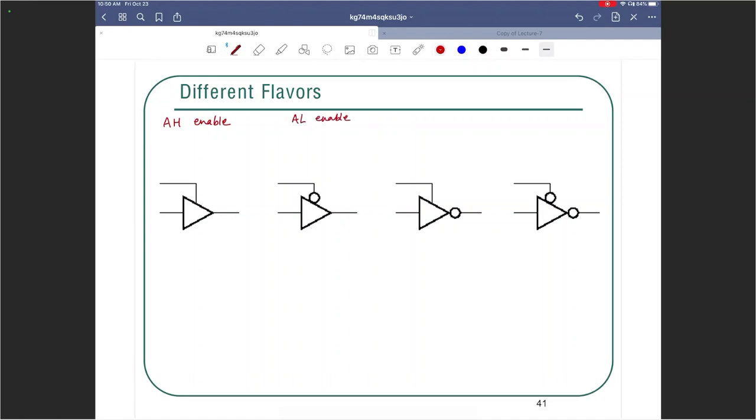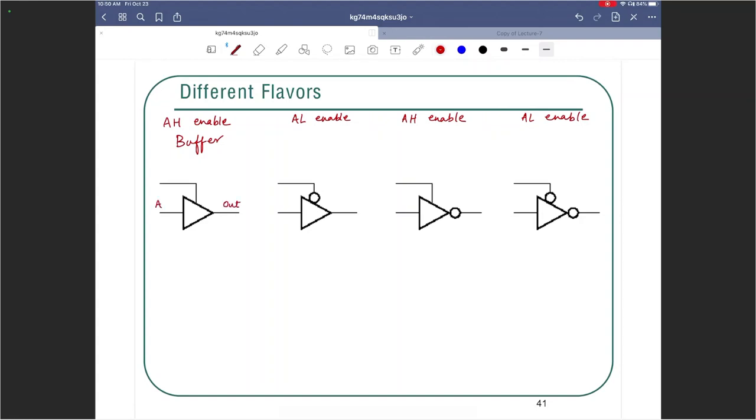For the third case, you have an active high enable, and last case you have an active low enable. But with that active high enable or active low enable, the first one is a buffer because it's not changing the input state. Input A will be going straight to output.